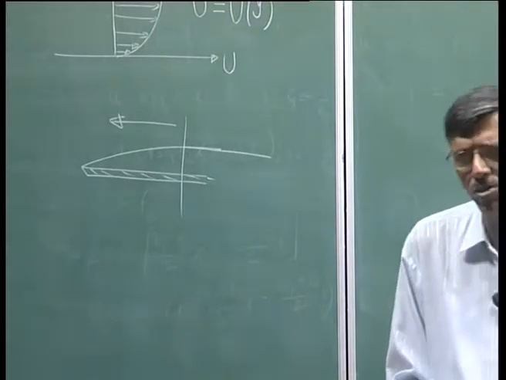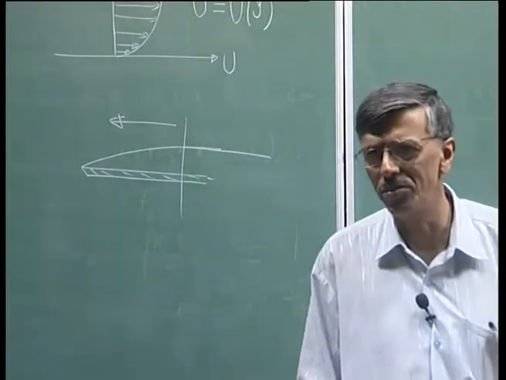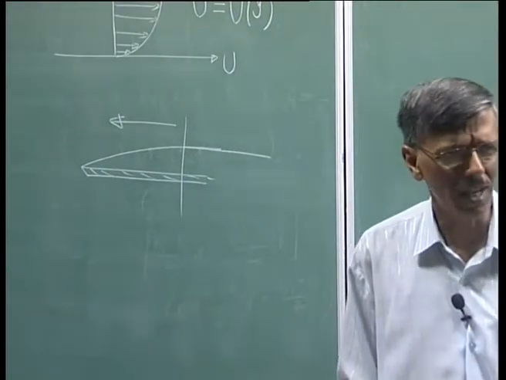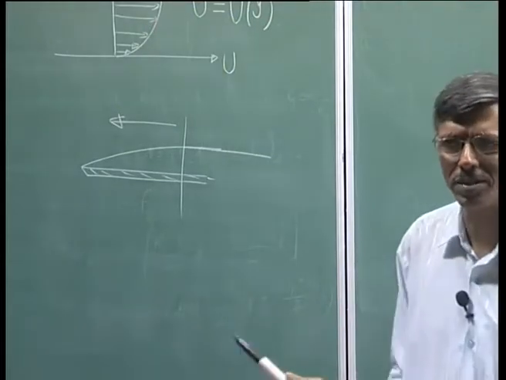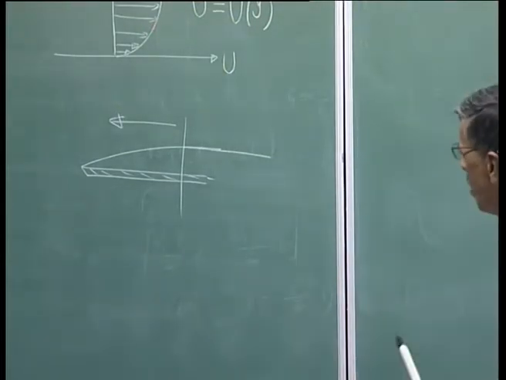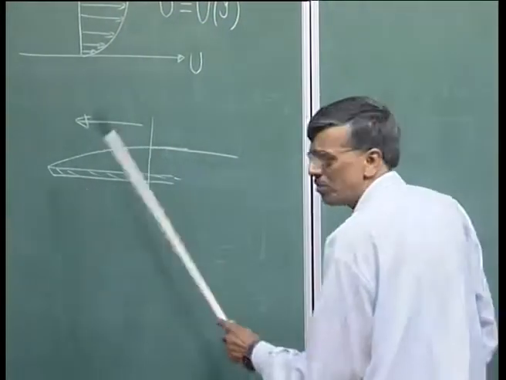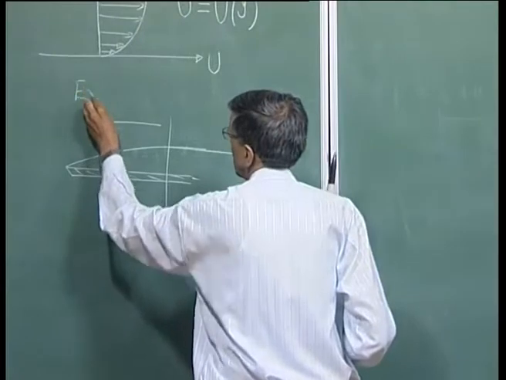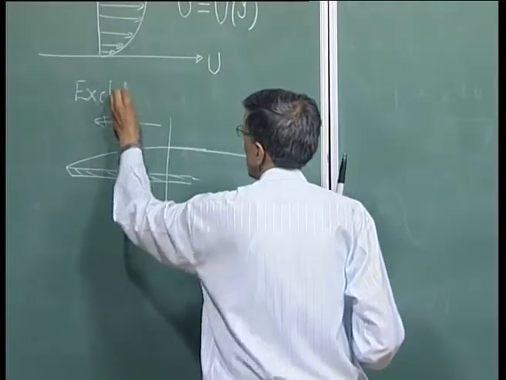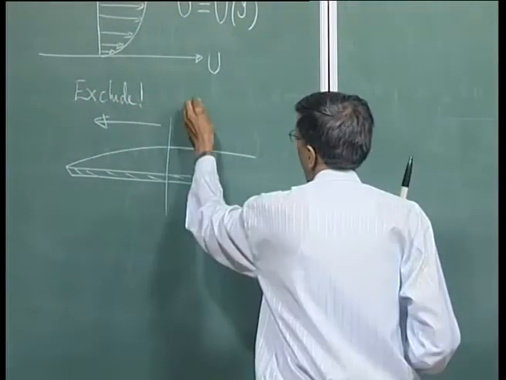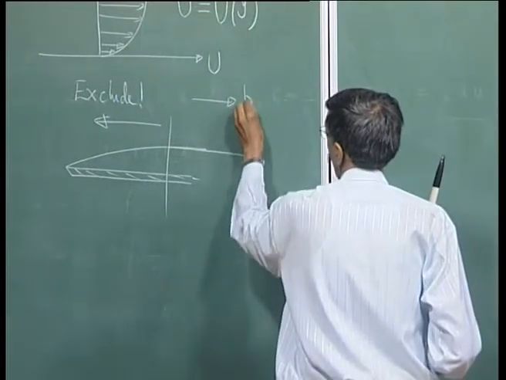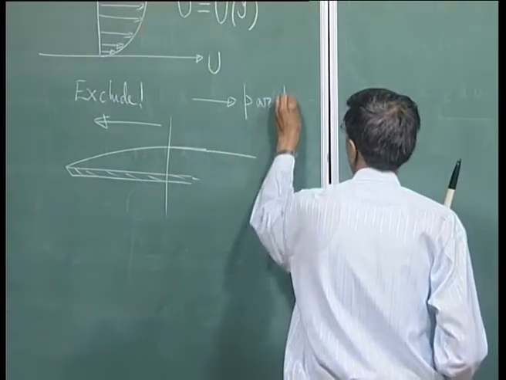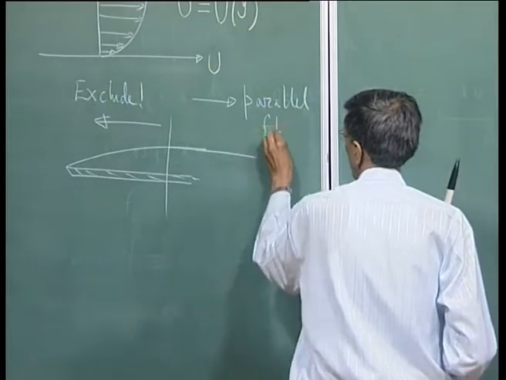And that is precisely what you actually do get to see. Even if you go to a tunnel and do the experiment, you are going to get a similar profile. So, if I leave out this part of the flow, we exclude it in this study, and this is where we are kind of justified in talking about parallel flow.